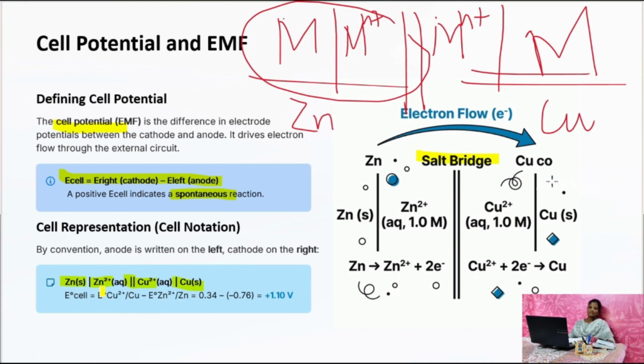So now you can see zinc vertical line, zinc 2 plus, double vertical line, copper 2 plus, vertical line, copper. Okay, and here you should not change this order. Cu2 plus first you have to write and next you have to write Cu.